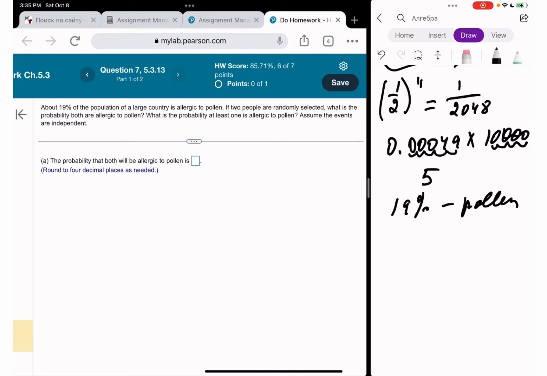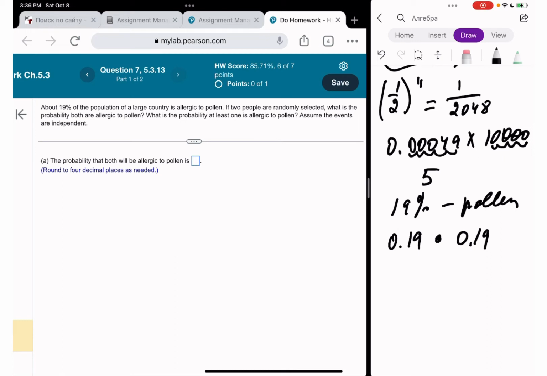Well, both are allergic to pollen. It's going to be 0.19 in decimal notation, in first and second, times second one also, 0.19, right? 0.19 times 0.19, and we are getting 0.0361.